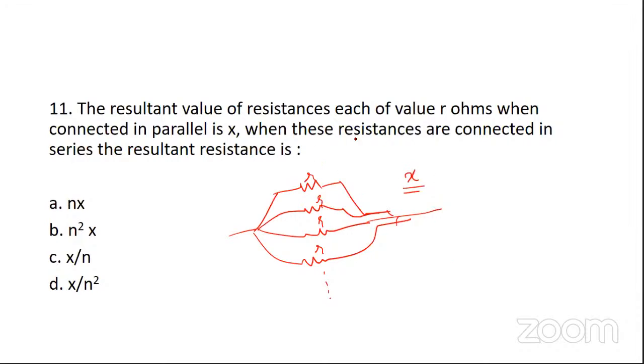Now these resistances of the same value R are connected in series. Then there will be some resultant.